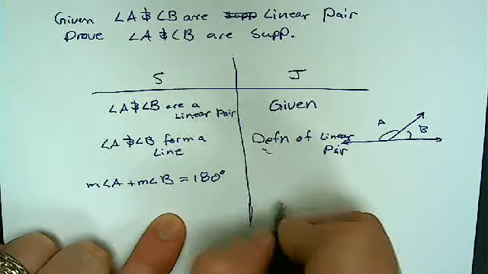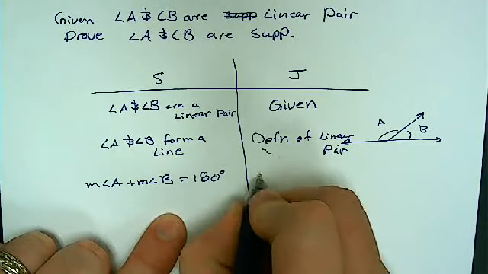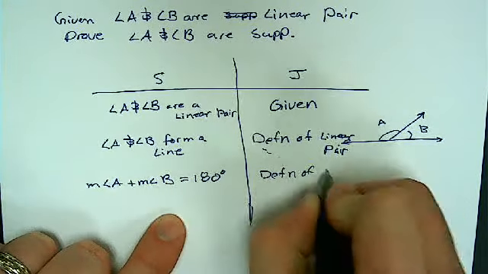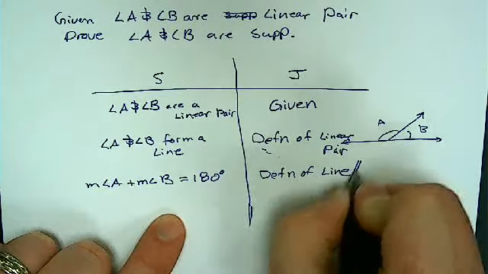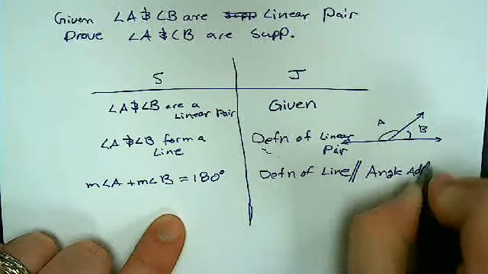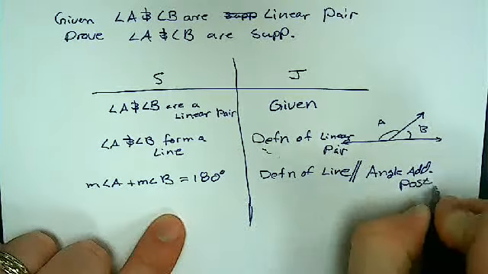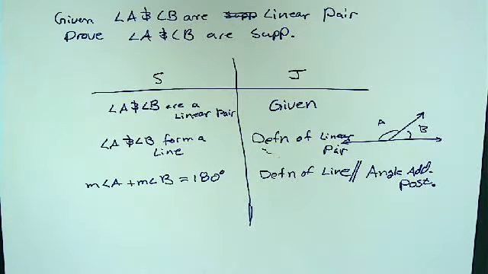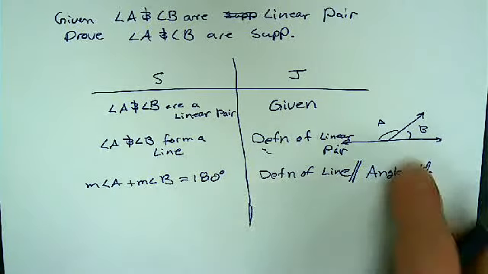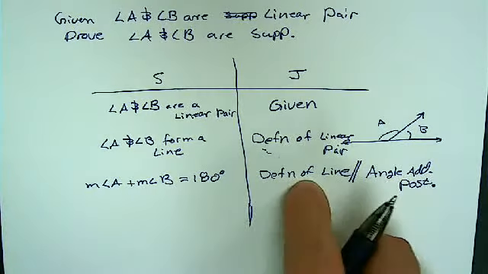It's not supplementary yet. I'm going to write this down: definition of line slash angle addition postulate. Because technically you could talk about either of those being the justification there. The idea that the two angles add up to a line, or, well, lines are 180 degrees.